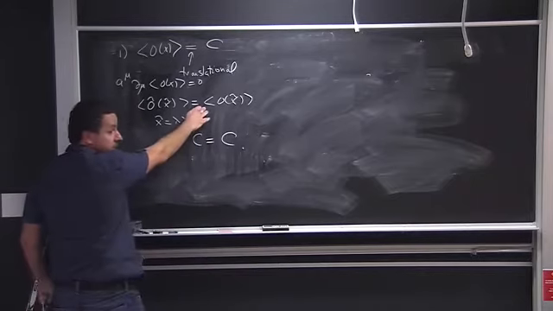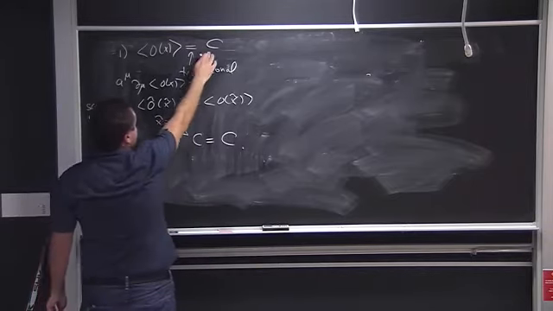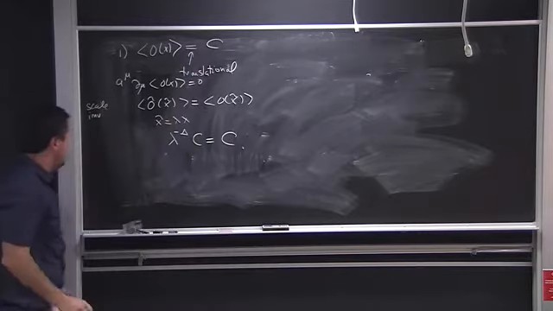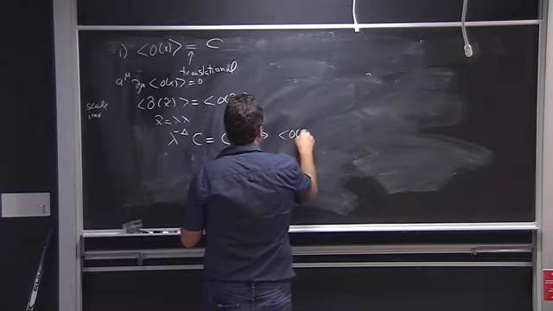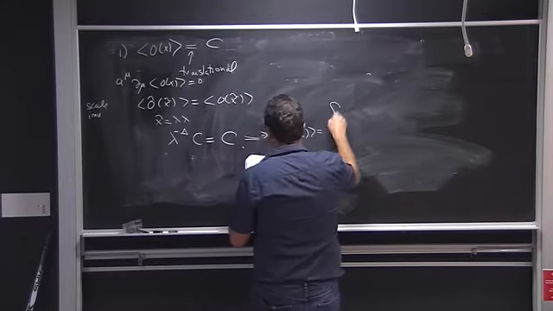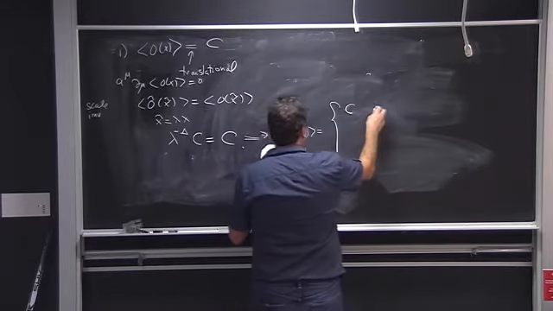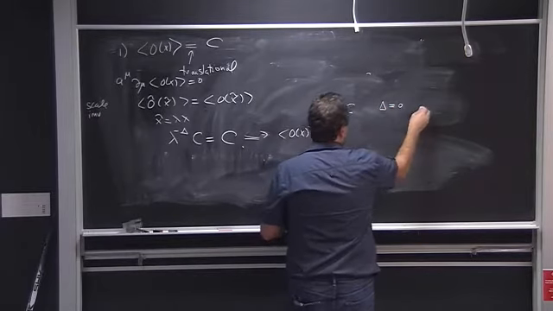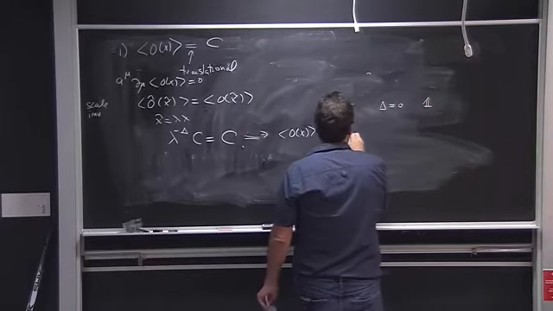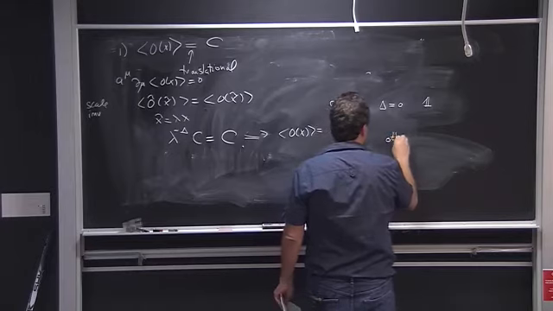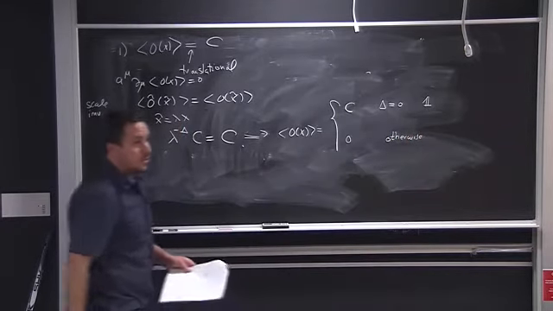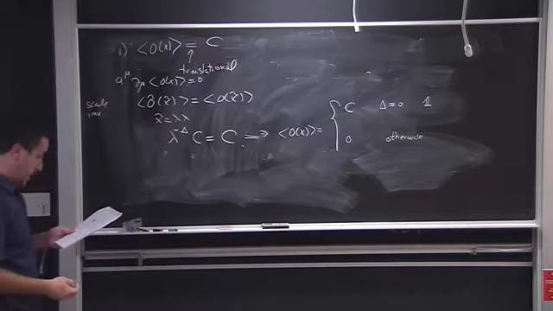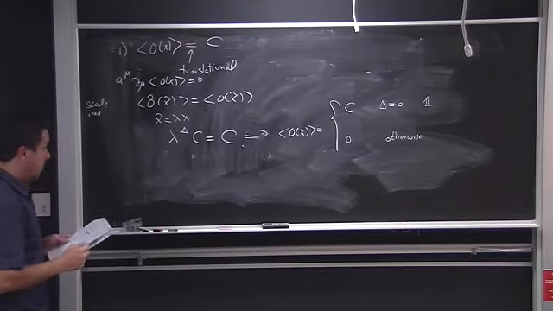If I impose the dilatation invariance on this, given that already the one-point function is fixed by translation invariance to be c, it gives a very interesting result: the one-point function of a primary operator is a constant only if delta equals 0, which is the identity operator, and it's 0 otherwise. So there are no interesting one-point functions in conformal field theory in the full spacetime.